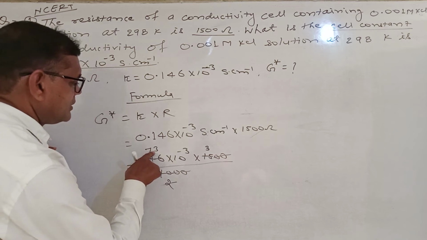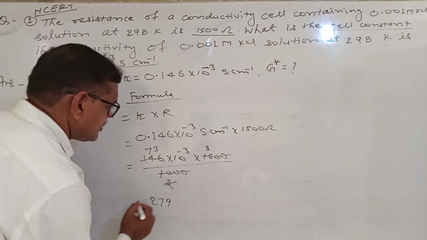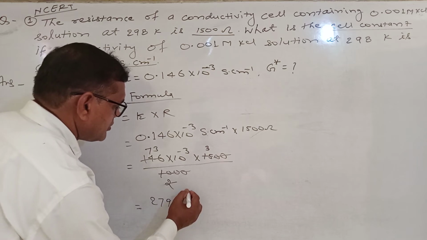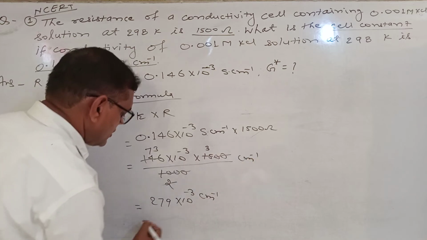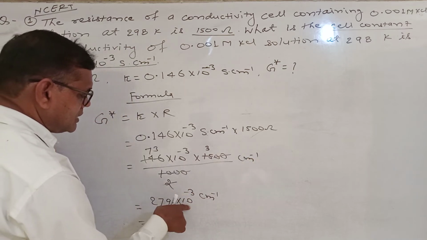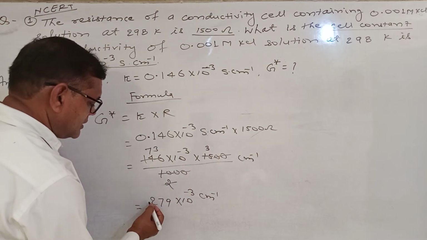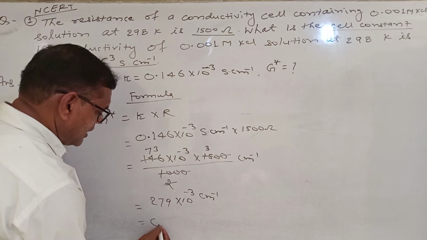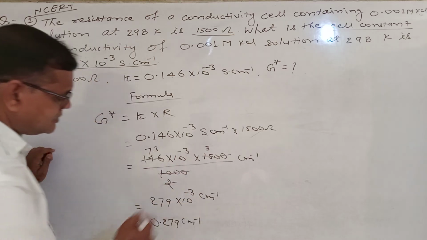We multiply, and the unit is cm inverse. We remove 10 to the power minus 3, decimal point with 3 digits. Here we write 0.279 cm inverse.